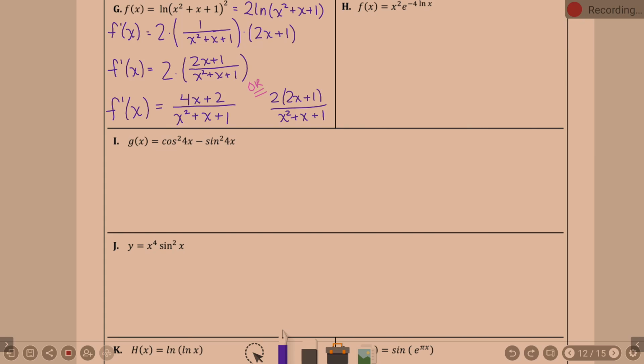So it'd be like 4x plus 2 times 1 over x squared plus x plus 1. Put the 2 and the 2x plus 1 together and then leave it as this piece times the 1 over that piece? It's not wrong, but you're not going to see it like that often. I'm trying to get you guys used to things you're going to see. It's not wrong. I would encourage you, usually you're almost always going to see them go that extra step there.